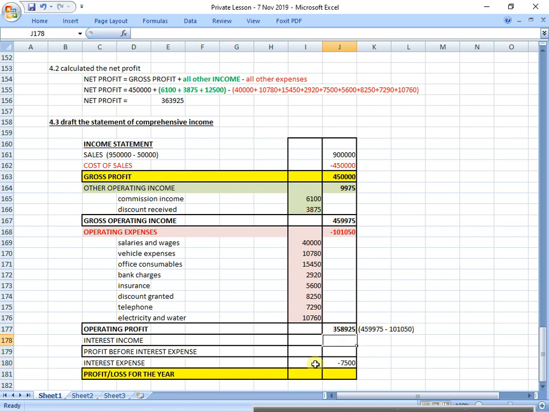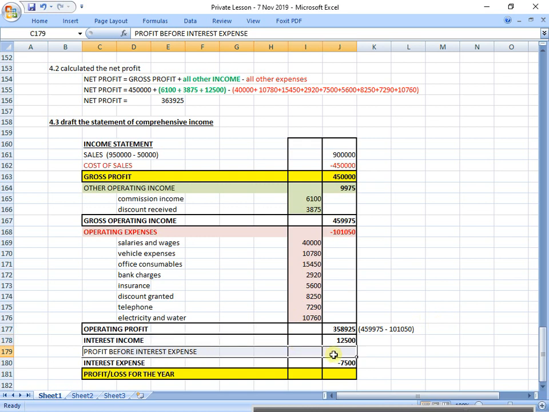Okay, interest income, what's the interest income? There was interest from investments. Interest from investments is income. How much? 12.5. There we go. Okay, there's my interest income. There's my interest expense. Now just tally up.